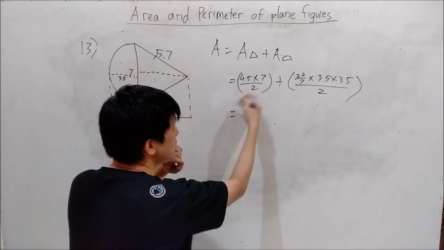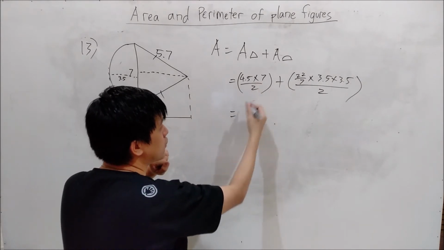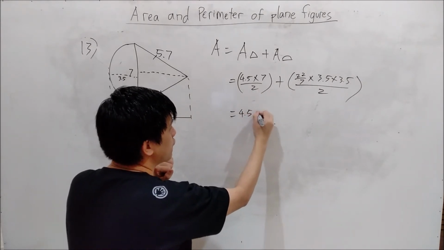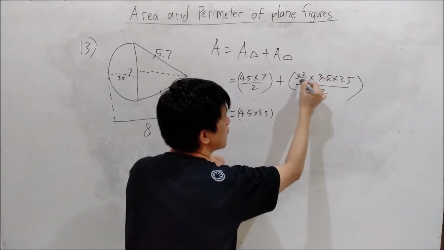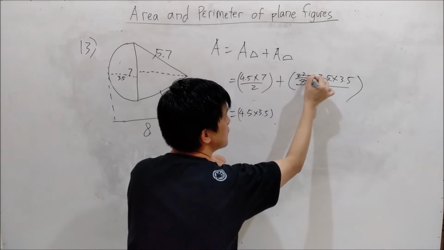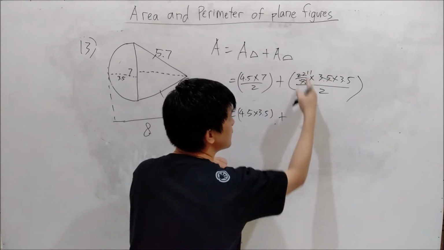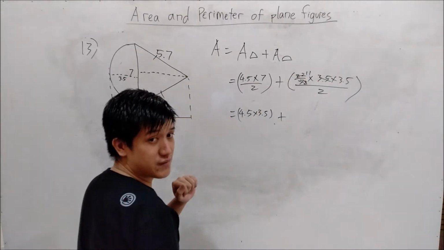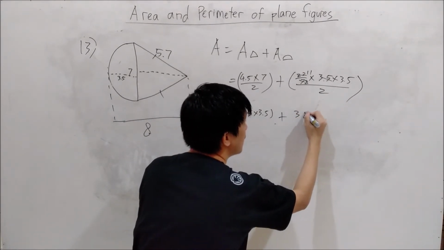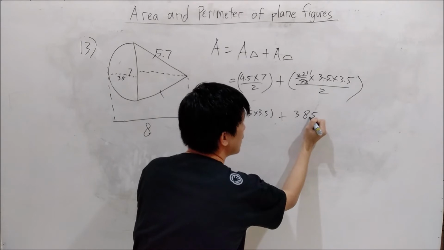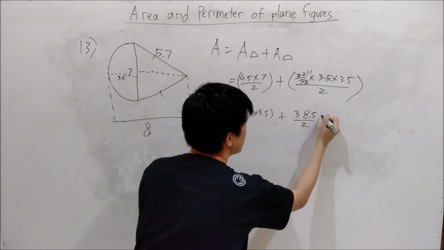Can we count this? Yes, of course. 7 divided by 2 is 3.5. So 4.5 times 3.5. You will cross this with 2. This will become 11 times 3.5, which is 38.5, divided by 2.